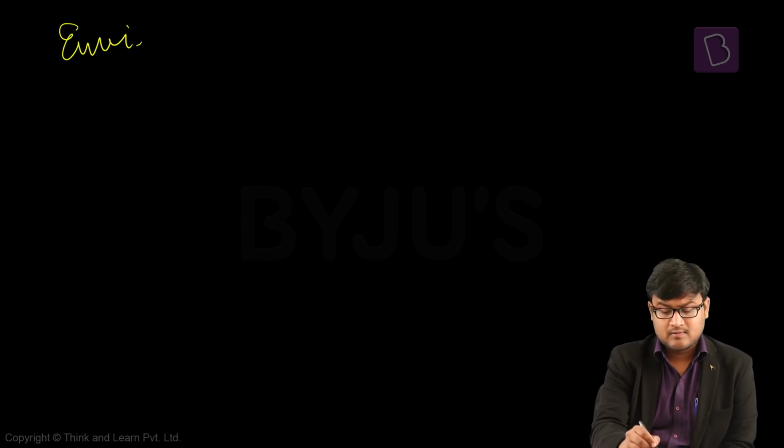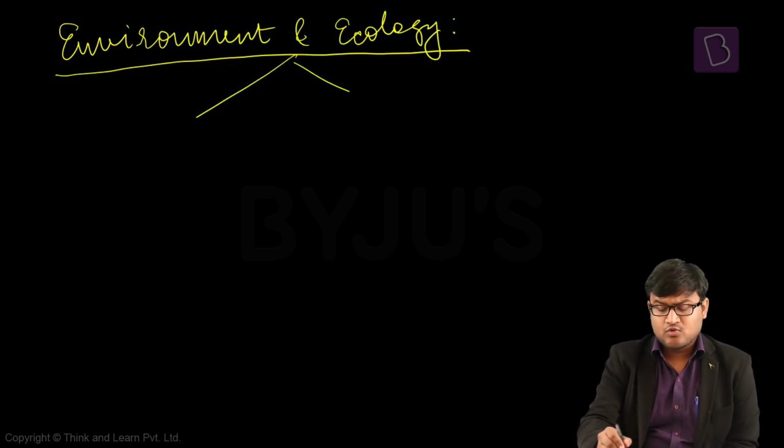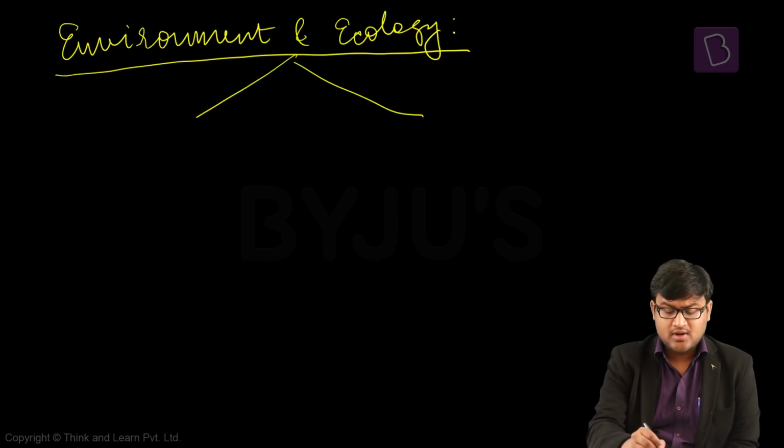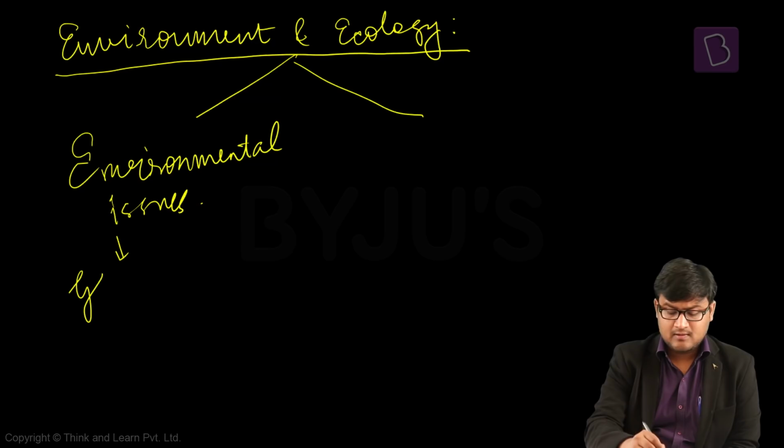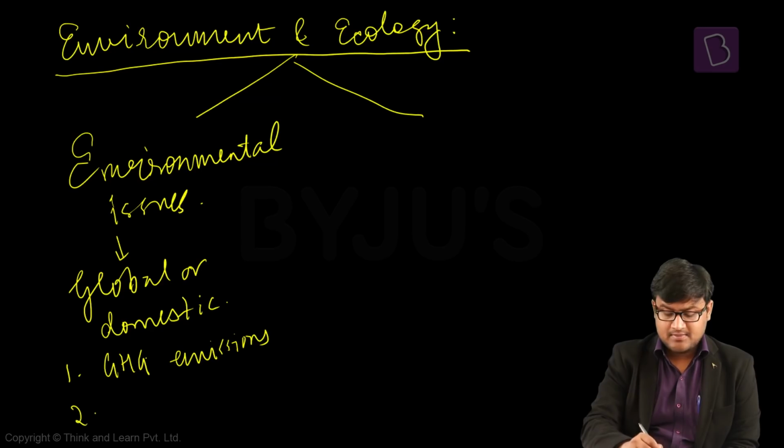Now let's talk about environment and ecology. In environment and ecology, we see there are two major portions. One is your environmental issues. These may be global or domestic. By global, we mean global warming, that is greenhouse gases emissions, and domestic may be pollution.